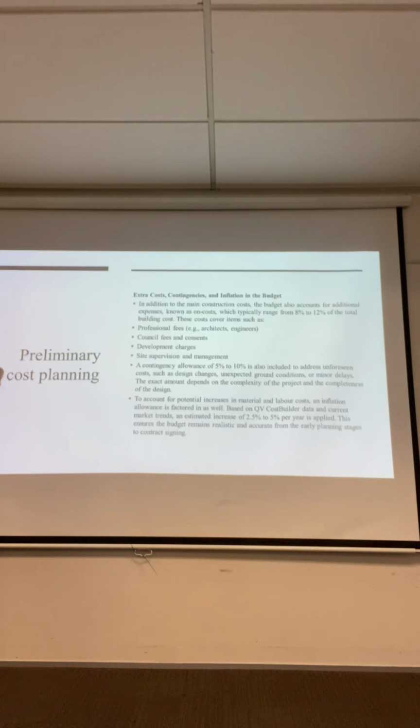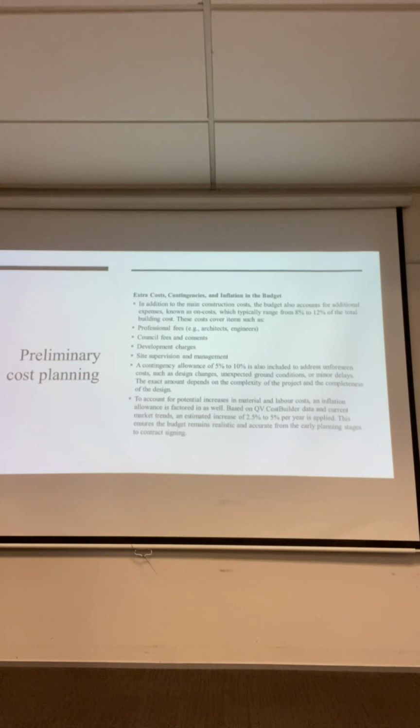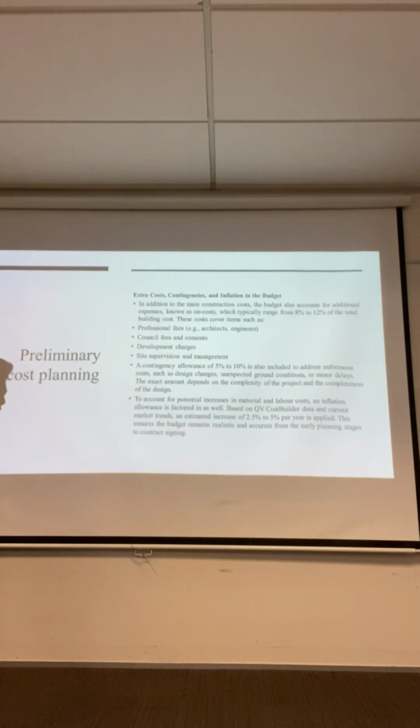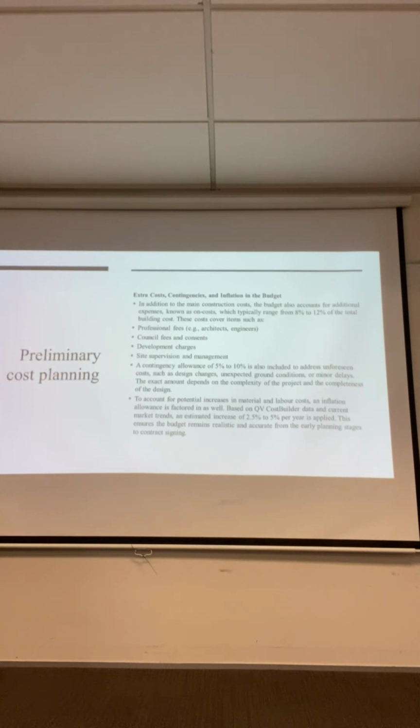A contingency allowance of 5% to 10% is also included to address unforeseen costs such as design changes, unexpected ground conditions, or minor delays. The exact amount depends on the complexity of the project and the design. To account for potential increases in material and labor costs, an inflation allowance is factored in as well, based on QV Cost Builder data and current market rate trends.